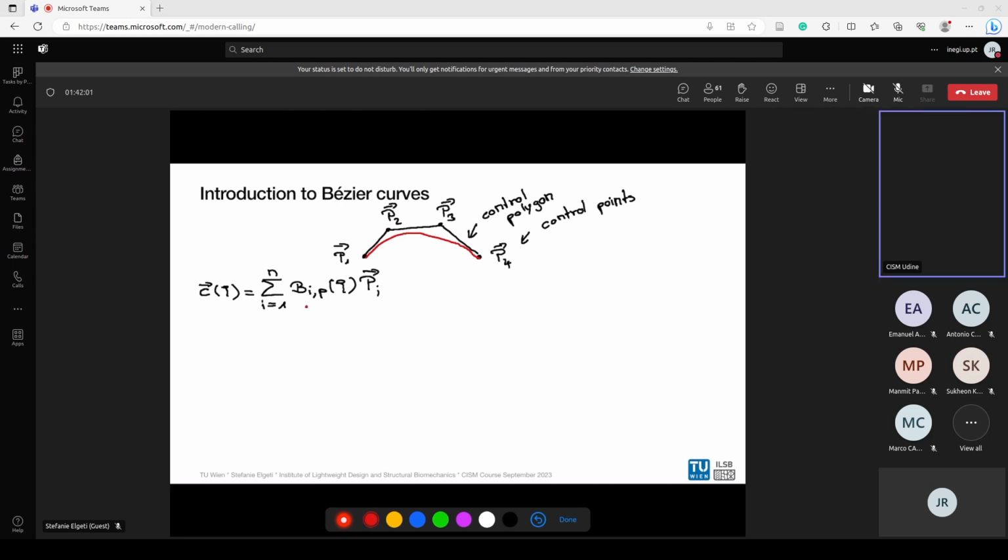And here, as the basis function, we use Bernstein polynomials.